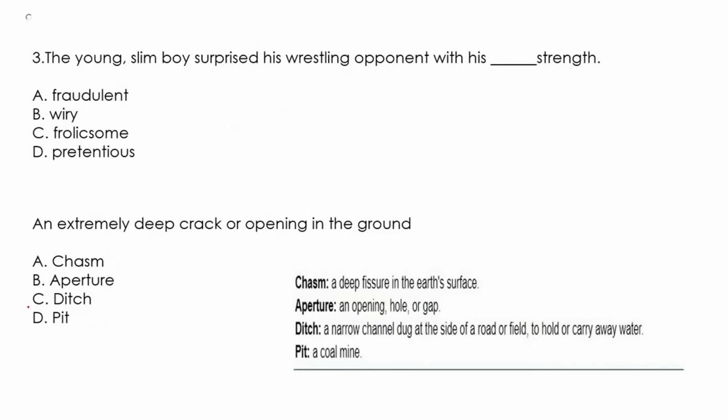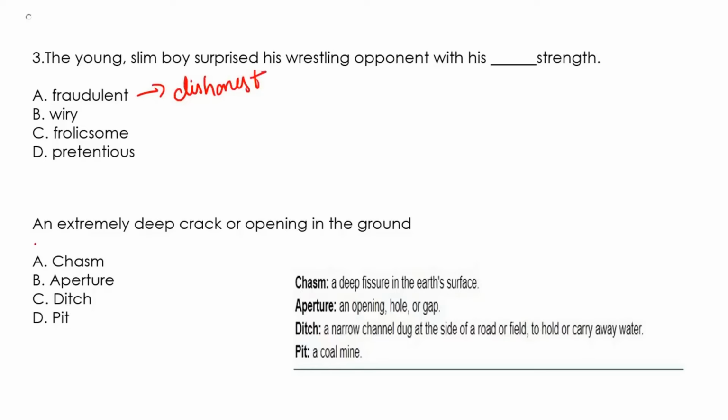The young slim boy surprised his wrestling opponent with his dash strength. Well, as given in the question, to surprise someone means he must have shown some kind of strength, right? So first of all, the option given is fraudulent. Fraudulent means dishonest, right?